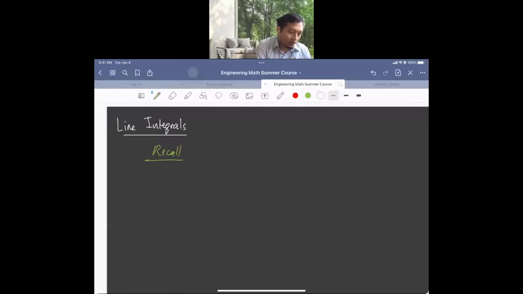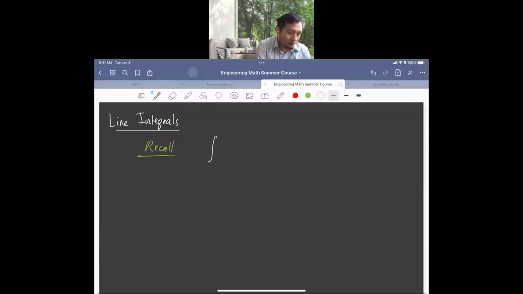Recall that we have the definite integral from a to b of f of x dx. We can represent this as the area under f of x.